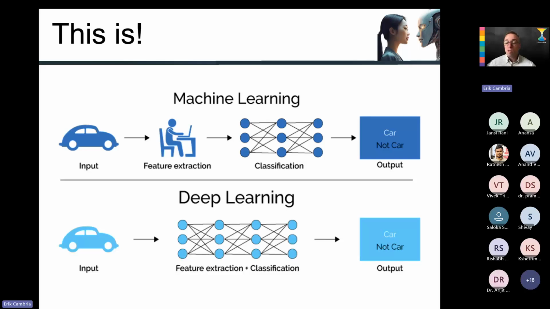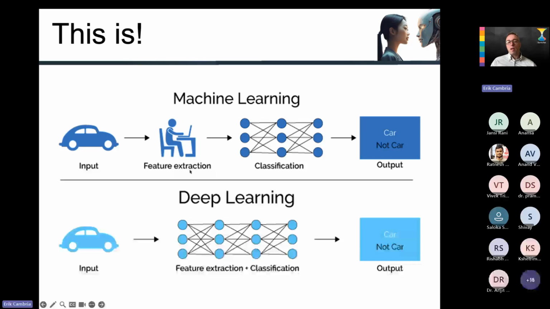Number one, I need so much more data than before. Before, even if I had maybe a few hundred pictures, I was fine, because thanks to the feature extraction, I could easily cook up some machine learning algorithm that is good enough to recognize cars in a picture.